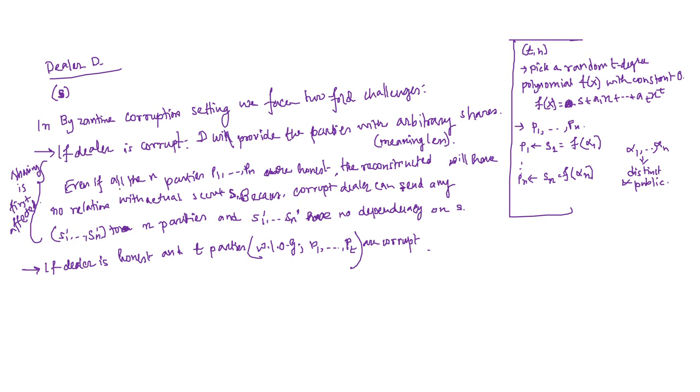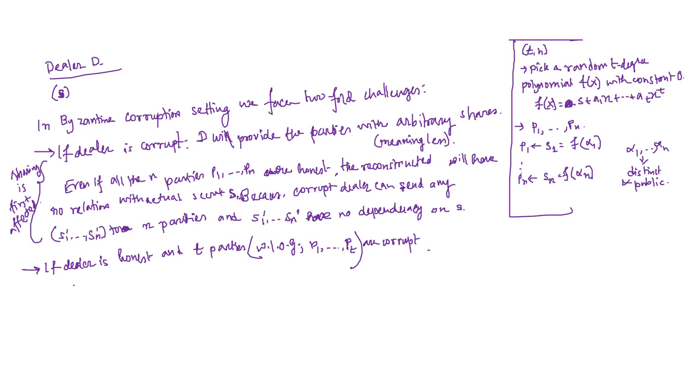But with an honest dealer, the sharing phase is okay. The dealer will honestly distribute all the shares to all the parties. But the problem starts in the reconstruction phase.